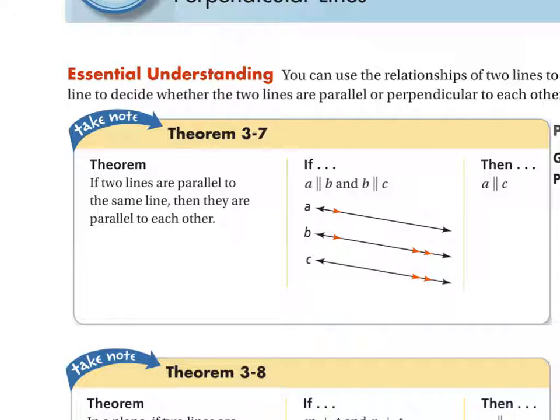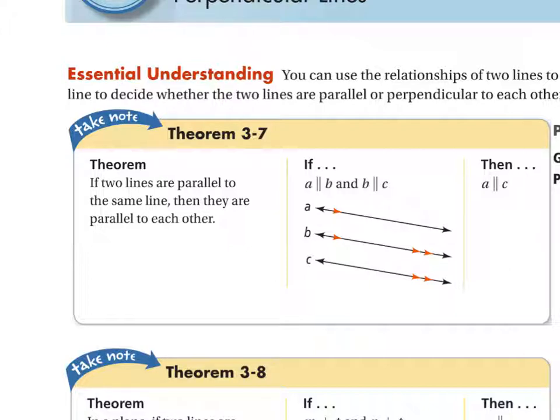But they're saying if line A is parallel to line B, and B is parallel to C, then A is parallel to C. That sounds an awfully lot like something we've already done in here. And that's exactly what I'm going to call this.